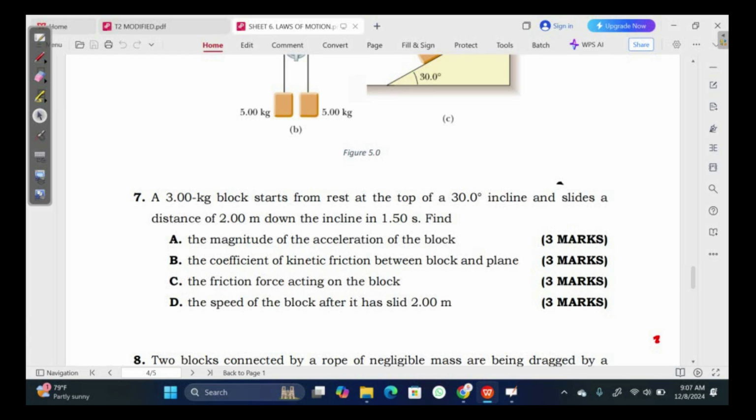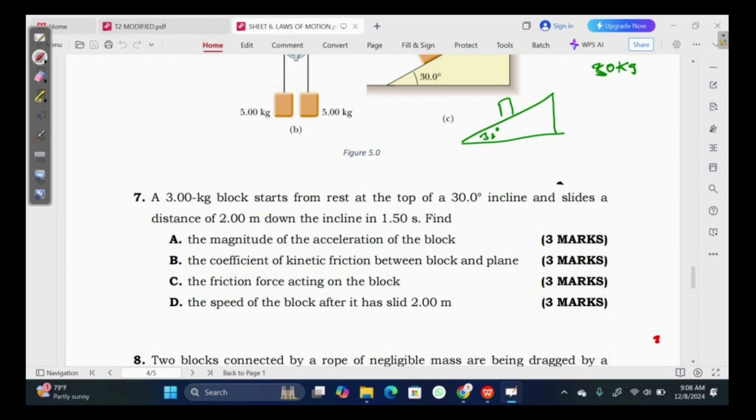So we have an incline. I'll solve it from here, then we'll just go back and put the answers. We have an incline, and the angle is 30 degrees, and the block has a mass of 3 kg.